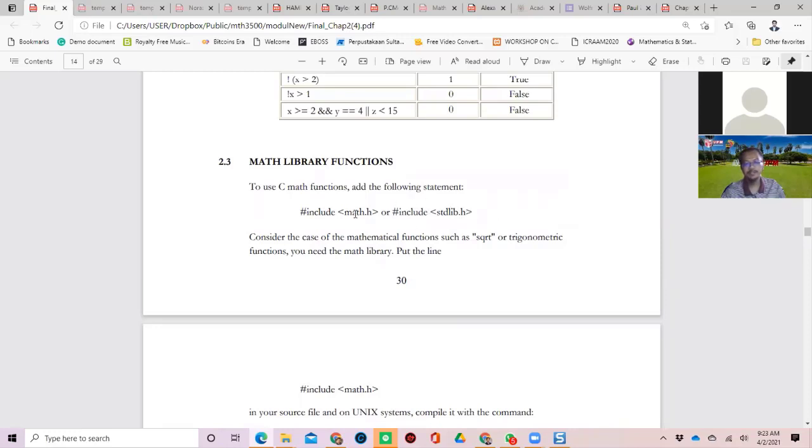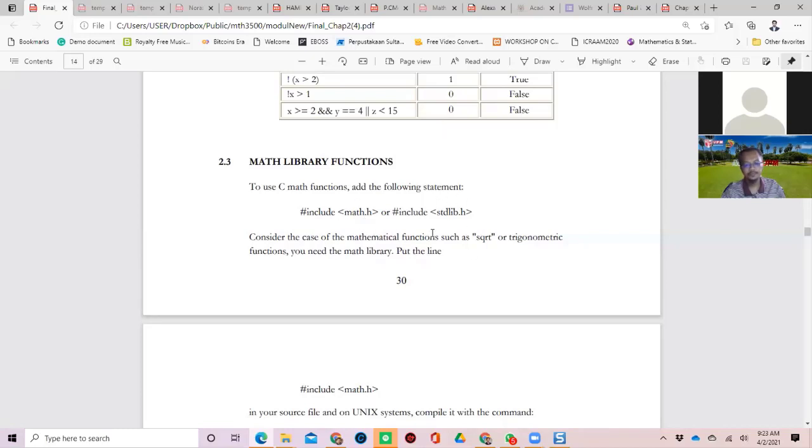Biasanya sebelum ni kita hanya ada stdio.h. So when we involve mathematical functions in our coding, sine, cos, tangent, absolute number, log, and so on, we have to put this library at the beginning.